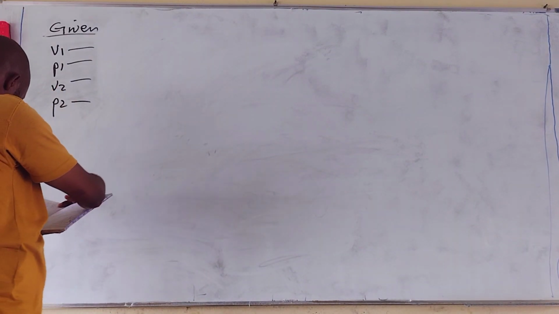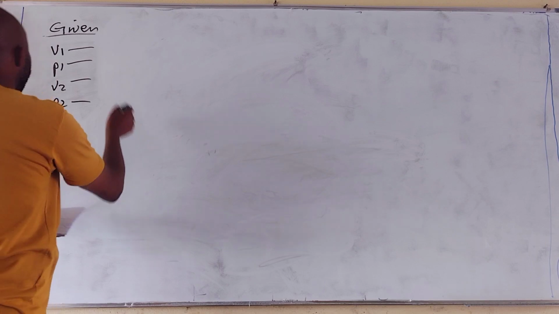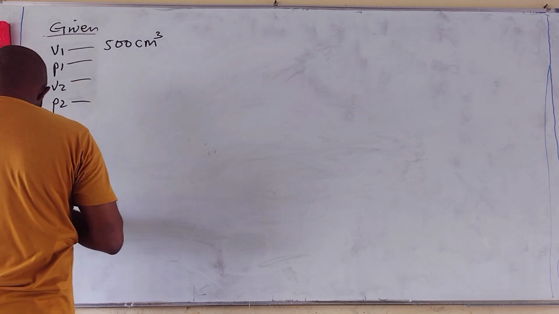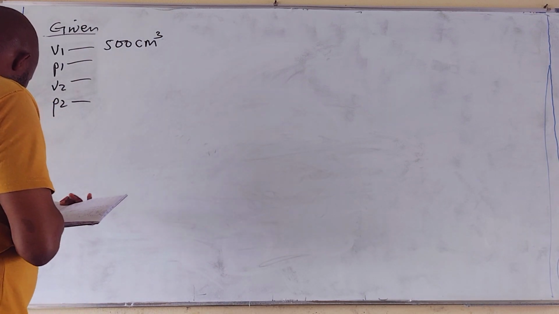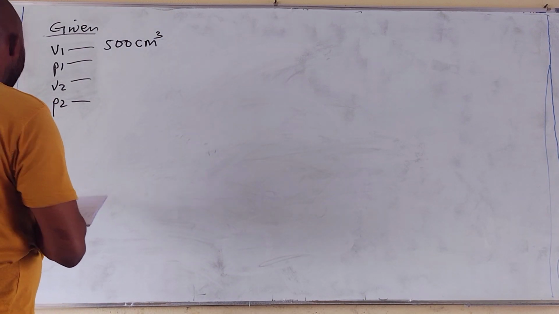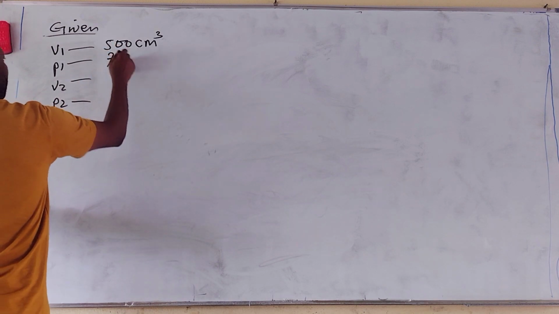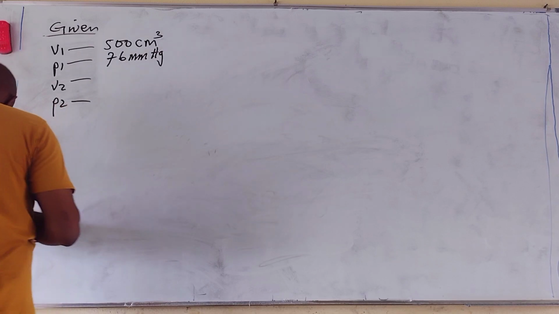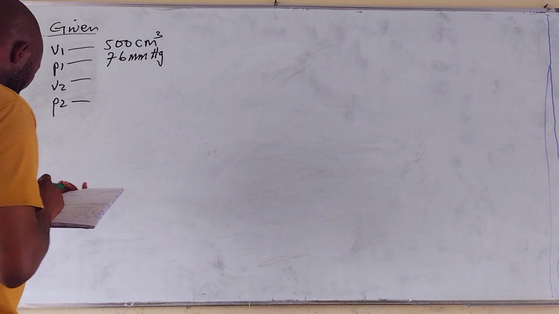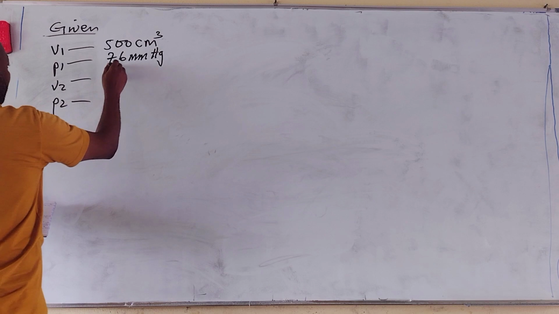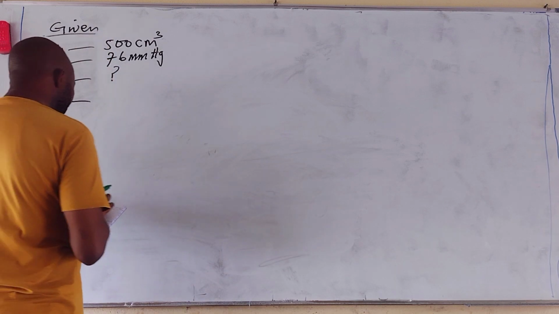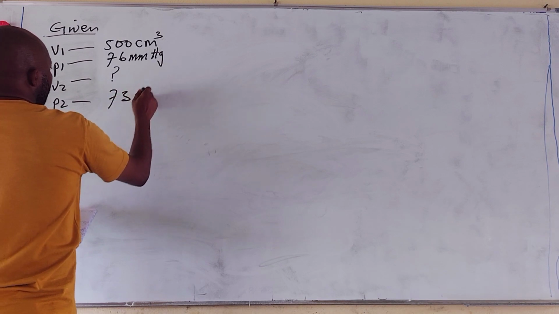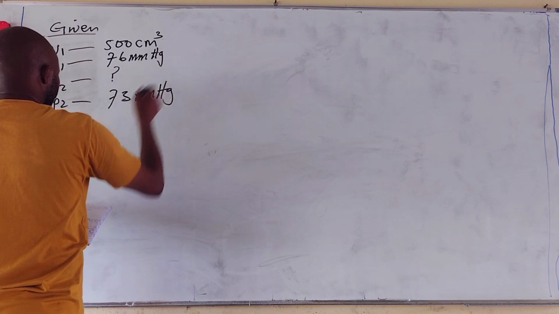Let's say a gas has a volume of 500 cm cube when a pressure of 76 millimeter of mercury is exerted on it. What will its volume be, V2, if the pressure on it is changed to 73 millimeter of mercury?